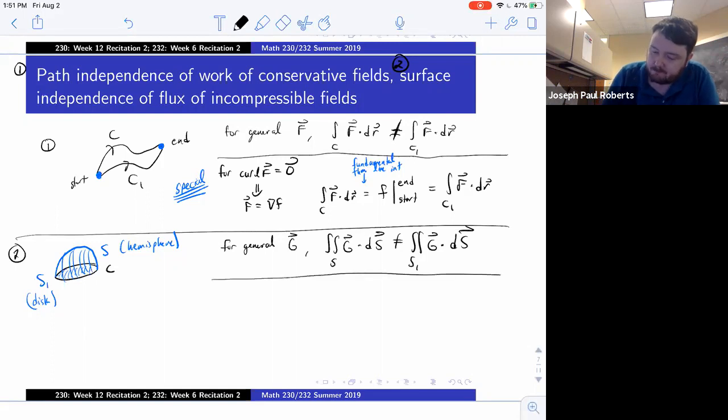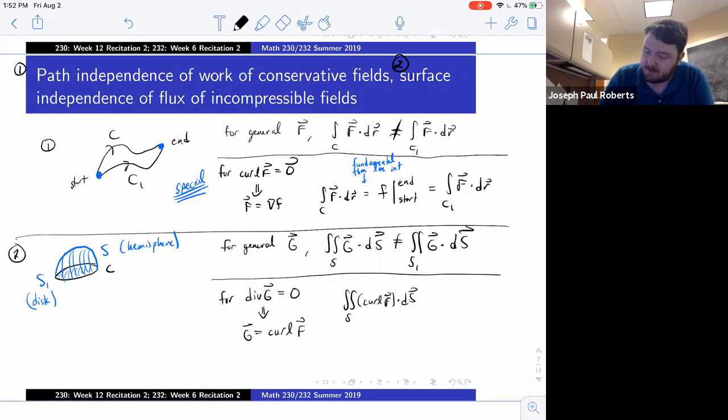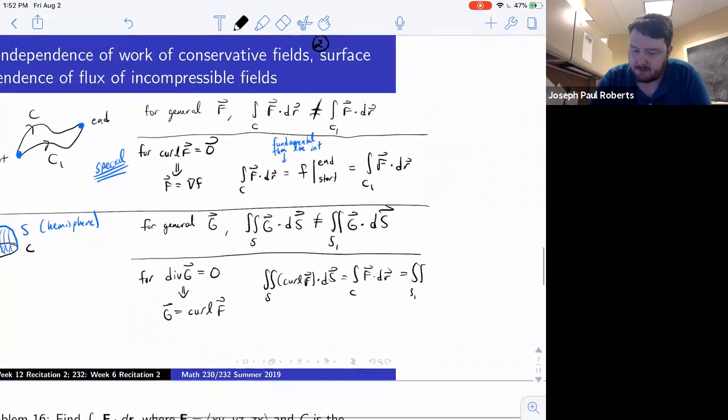However, for div G equals 0, so that's what we said was incompressible, means that there's zero divergence. It turns out that that tells you that G is the curl of something, or G has an anti-curl, in which case the flux of curl F across S is the work of F on the boundary curve C, and that's equal to, again, by another application of Stokes' theorem, the flux of curl F across S1.